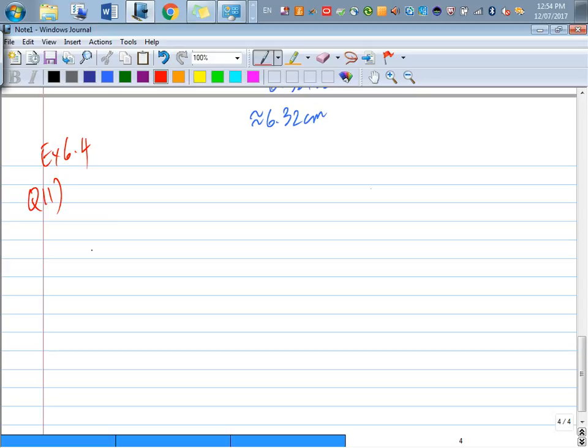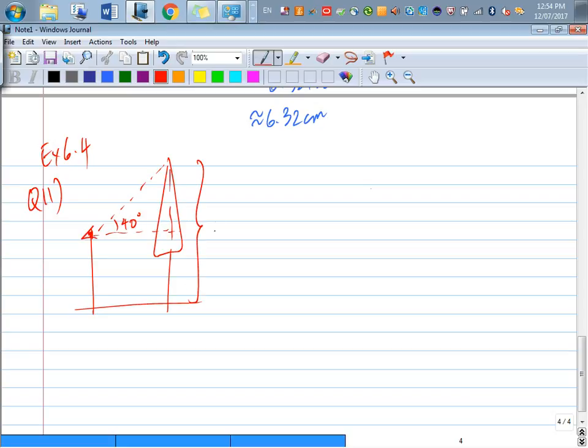Okay, so this is his eye. He is looking up at the top of the tree. Over here we have 40 degrees. We are trying to find this. And this is 1.6 meters.